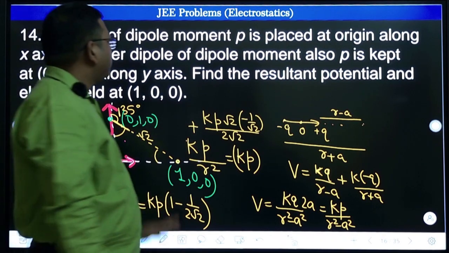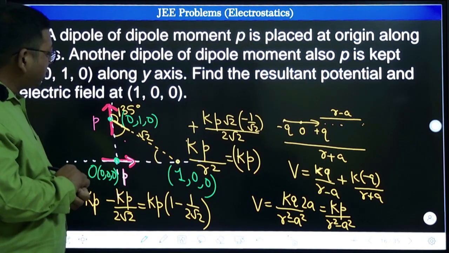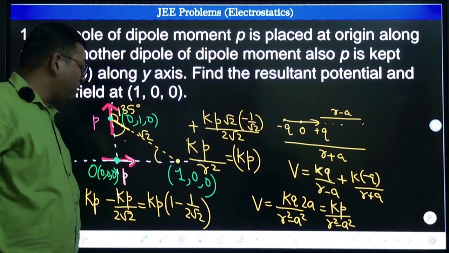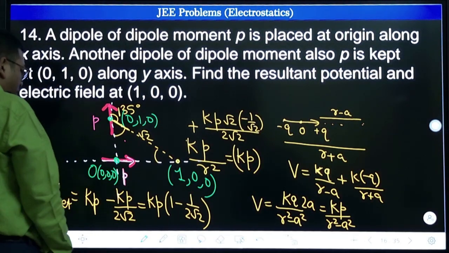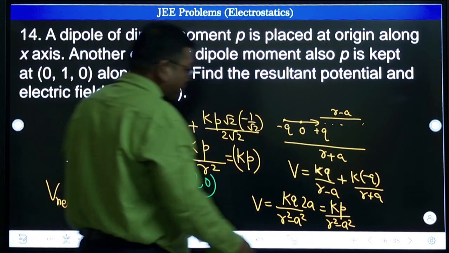Clear? Yes. Resultant potential and field also we have to calculate. Field calculation is again the same way, but field is a vector quantity. Vector addition you have to do, right? So how will you do vector addition? Let me try for field. This dipole moment will create a field here.